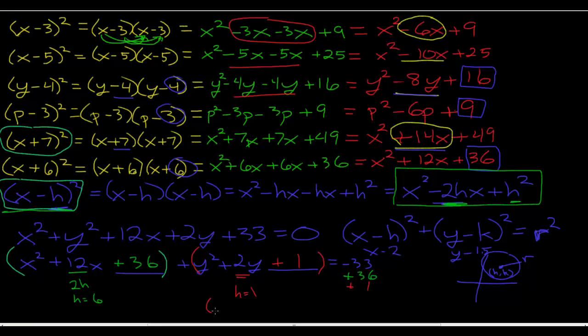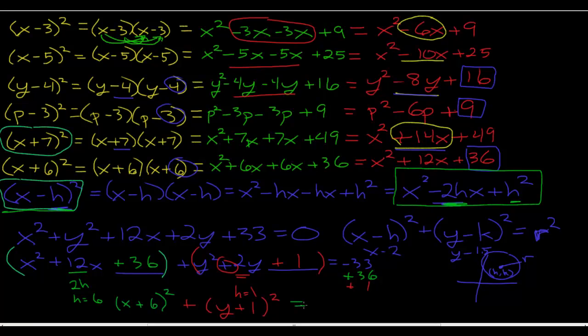And when we go back and write it in its perfect square format, we know that our h is 1, and is this going to be a plus or a minus? Since that's a plus, that's a plus. That's that piece. And then what about this piece? Over here, we have x, and we know h is 6. And again, is it a plus or minus? That's a plus.